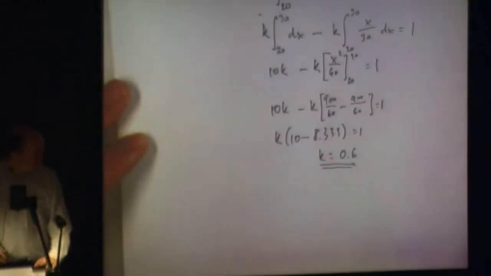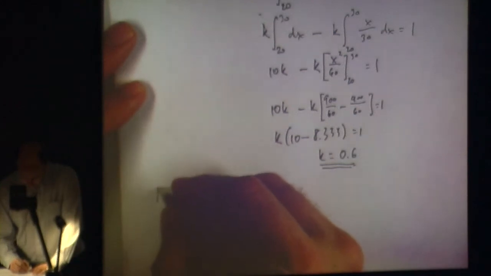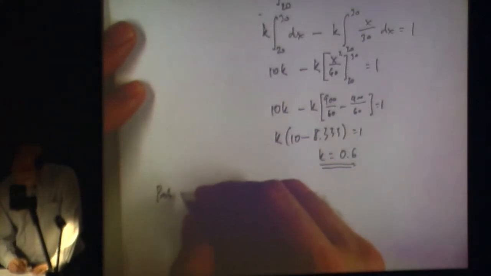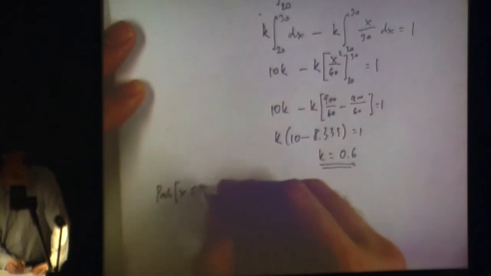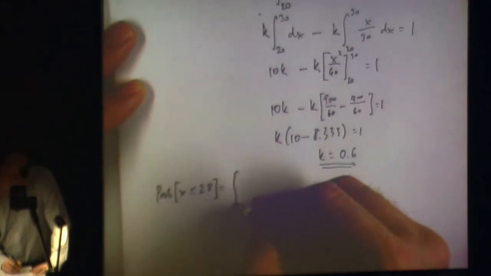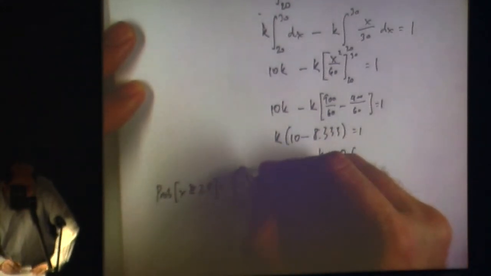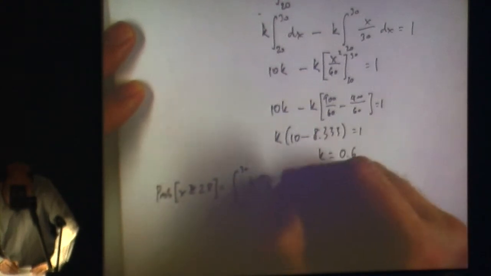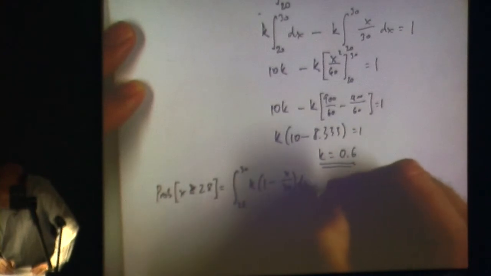So that's k, and we've been asked to find the probability that x is greater than or equal to 28. So we do the integration between 28 and 30 of k(1 minus x over 30) dx.